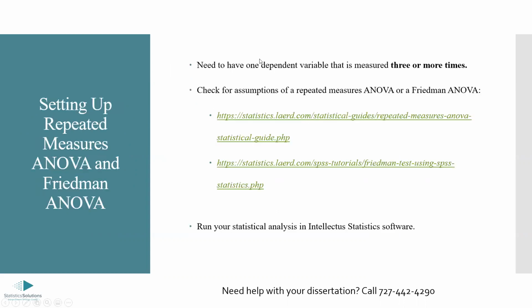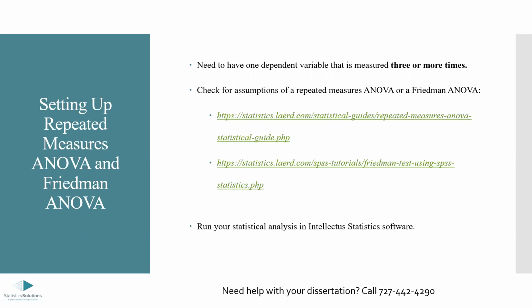We won't go through Intellectus for that one because it's very similar to the paired t-test that we did. To run this test, you just need to have a variable that's measured 3 or more times. It's really important that you match the participants again, so the same people take pre-test, post-test, and follow-up.